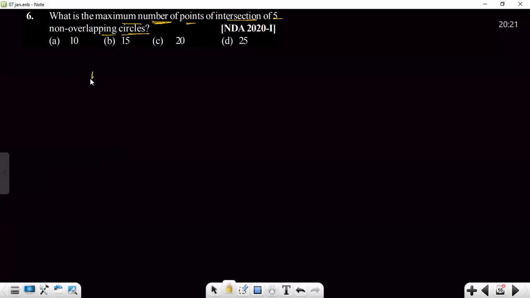So we have to select 5C2. These many pairs we can make, and with every pair there will be 2 intersecting points. So 2 into 5 factorial divided by 3 factorial into 2 factorial. 2 cancels 2. 5 factorial divided by 3 factorial.